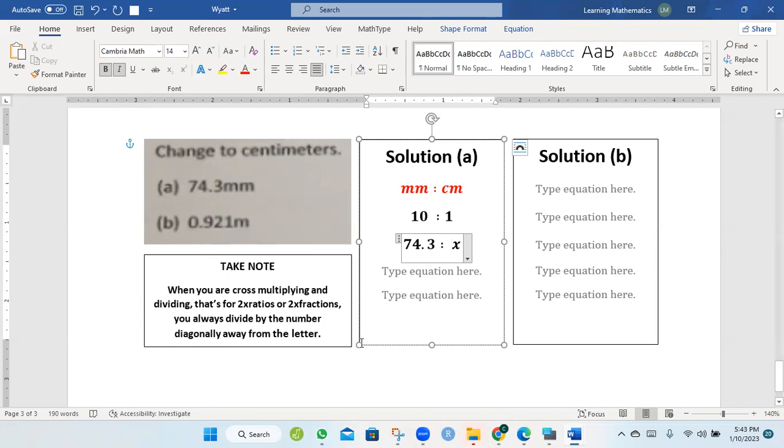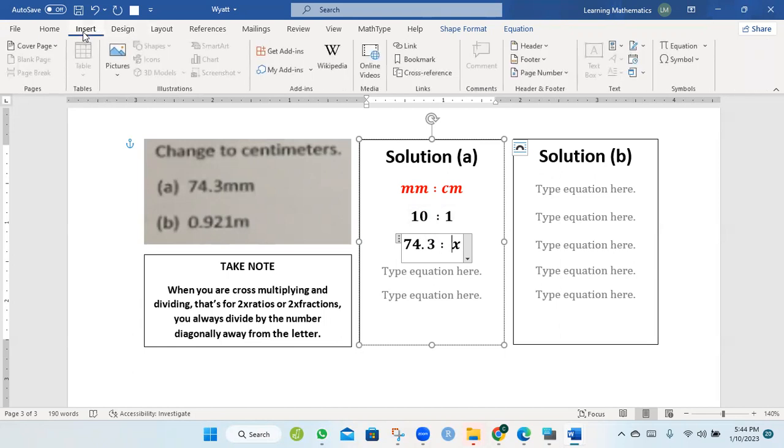Now we are going to cross multiply and divide. As it is noted here, you always divide by the number diagonally away from the letter. The letter is X, so we have to divide by the number diagonally away from the letter X, and that number is actually 10.